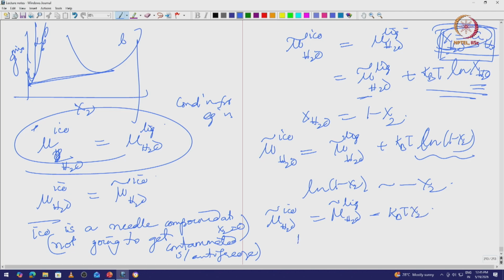So now mu of pure liquid water minus mu of water in ice, that is nothing but my latent heat of melting, so I mean that is just delta S times T, but delta S of the pure melt, times T minus T pure melt. So this I can get from just a Taylor expansion, right.